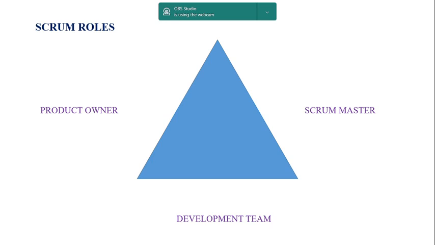The development team consists of different people taking care of development, testing, and whatnot, all the other activities included in information technology and IT-enabled services. So the product owner is the boss, and the Scrum master is a very important role which facilitates between the owner, the team and the client. The team is going to work.